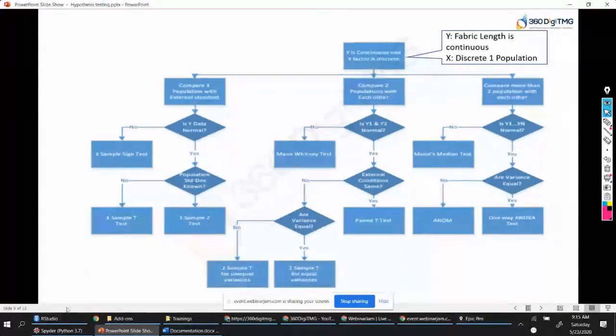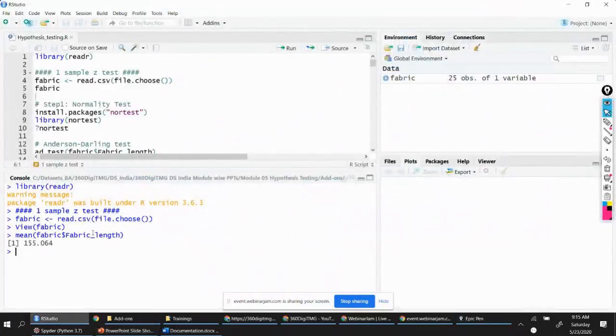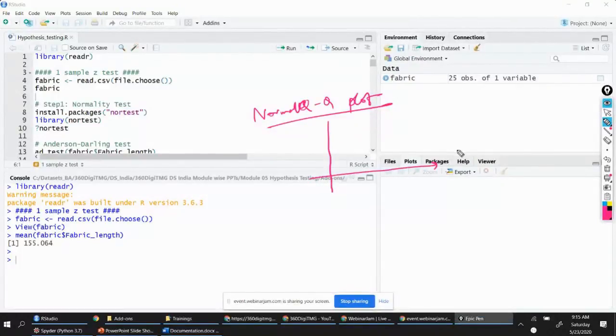And what is the test, or how can I validate whether the data is normal or not? If I have to verify whether the data is normal or not, then we have already learned that there is something called normal QQ plot. Right? And this normal QQ plot will take the standard Z values on x-axis and the sample data on y-axis.